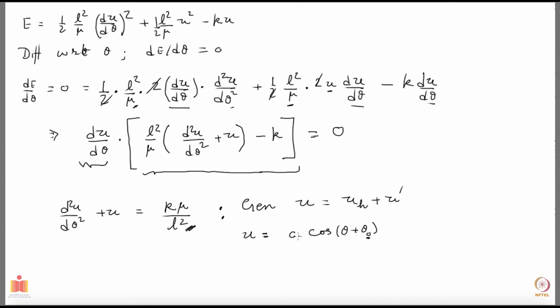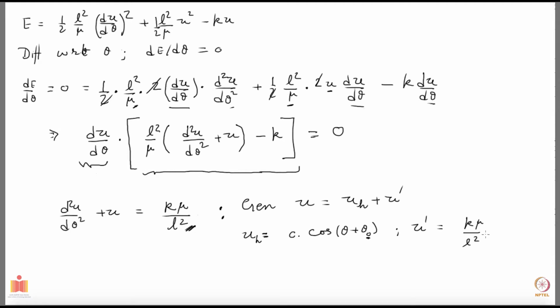So that's your u homogeneous. And what's your u prime? U prime, the particular solution. So it's clear that u prime is just k mu over L square, right?